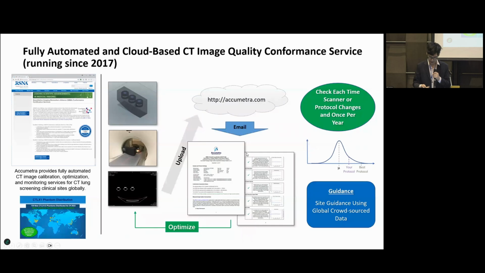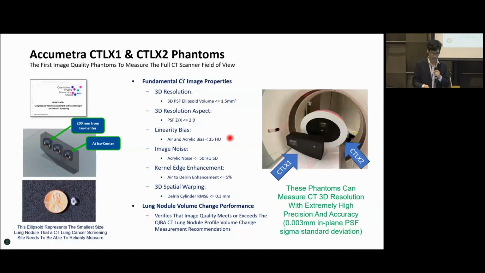I think it's on the next slide here. Yeah, these fundamental CT image properties of resolution, the linearity, the image noise. And I think the takeaway point from this is that this provides a very quick and easy way of measuring these properties, which are really critical to know if you're trying to make accurate measurements.